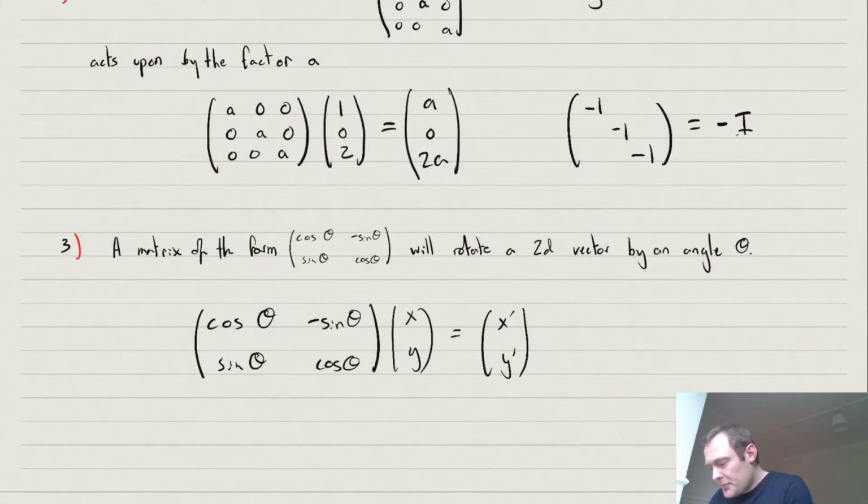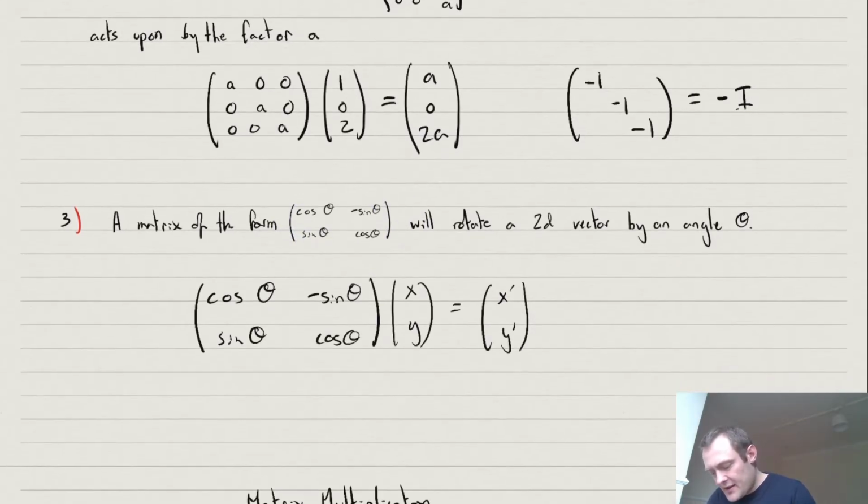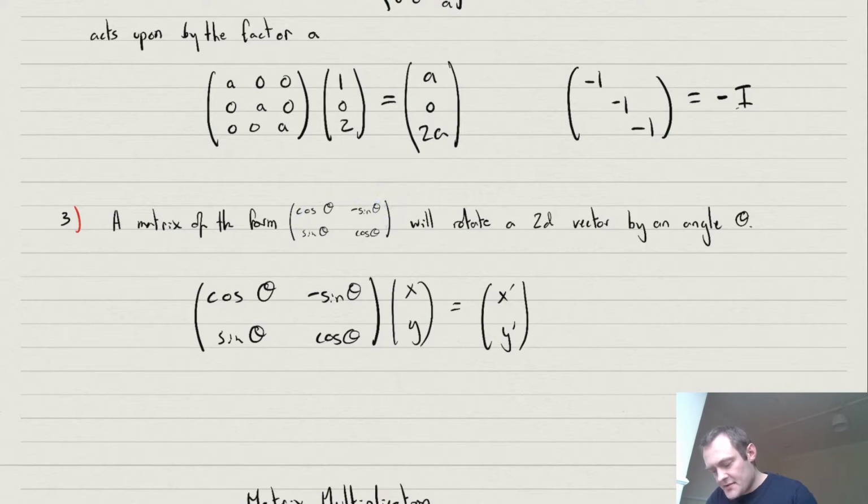Okay, another type, which are going to come up very regularly, are these. These are called rotation matrices. So this is a 2D rotation matrix. And so that will take any vector and rotate it through an angle of theta. Now, I haven't written that out explicitly here, but let's do that. So we'll get the cosine is going to multiply the x, so x cosine of theta.